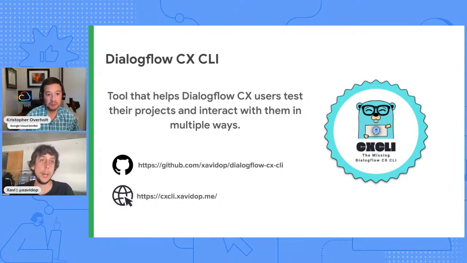You can also interact with Dialogflow CX right from your terminal, because there's a command for that called cxcli dialog. It is available on Linux, macOS, and Windows, on Intel chips and ARM chips. So take a look at the CLI, because it's pretty cool.